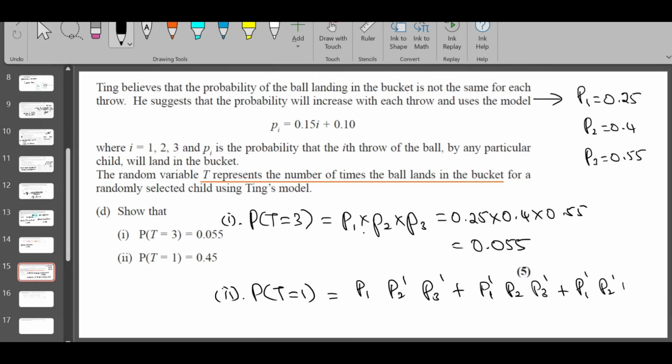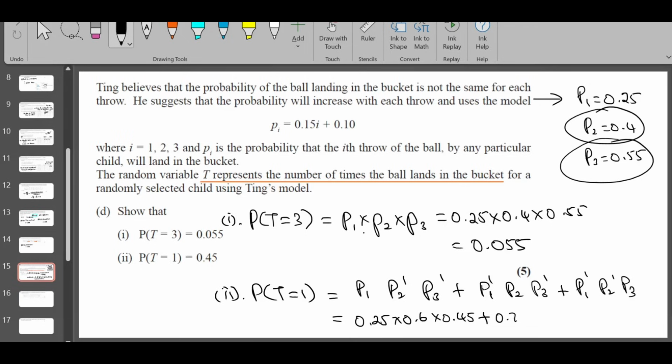That's why I put the complement. P1 is 0.25. The complement of P2 is 1 minus 0.4, so 0.6. The complement of P3 is 1 minus 0.55, which is 0.45. So it's P1 P2 complement P3 complement plus P1 complement P2 P3 complement plus P1 complement P2 complement P3.